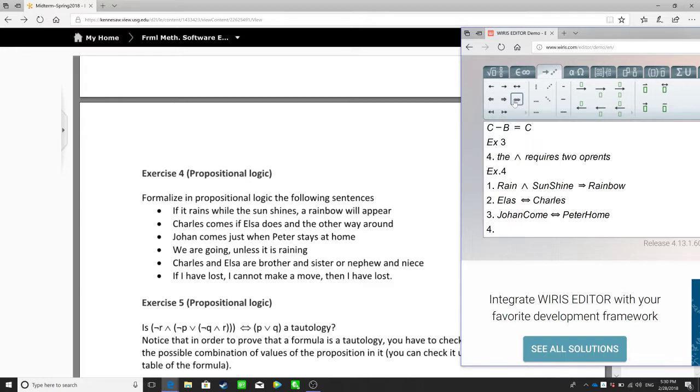Let me see. It says we are going unless it is raining, which means if it is not raining, we're going. So what we can see here is, if we are not going, then it is raining. Unless it is raining, so not raining implies going, right?